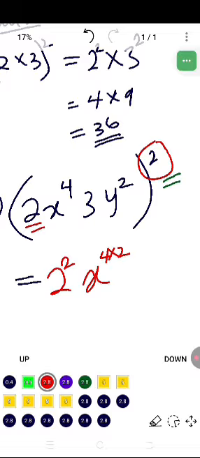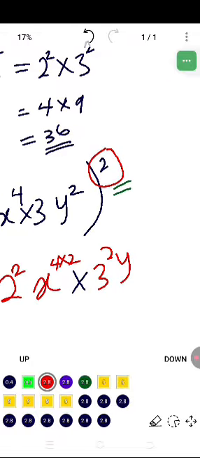Then the 3 will also be raised to power 2. Then the y here will be raised to power 2 times the 2 outside.